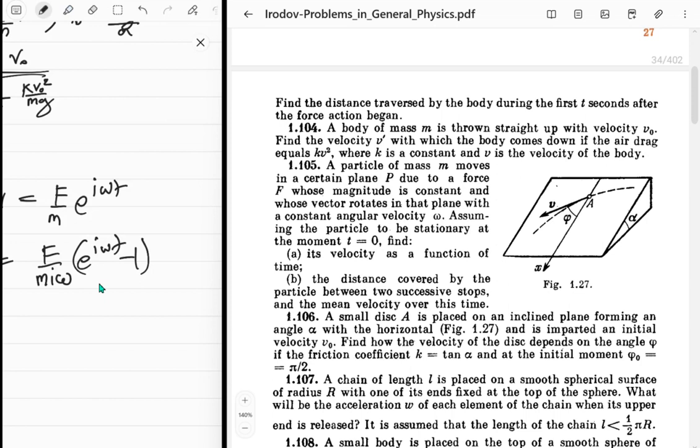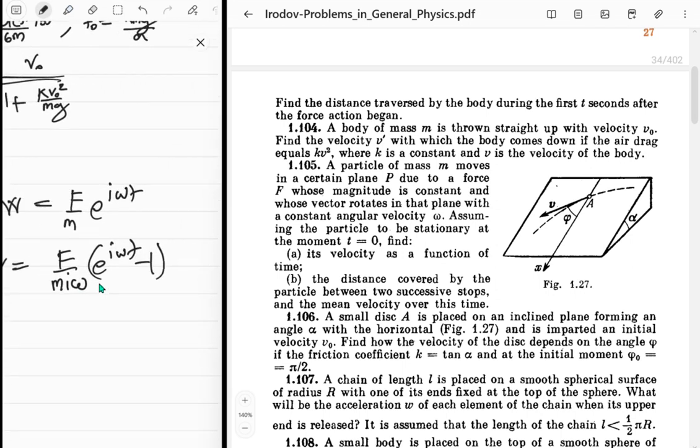Perfect. I guess that makes sense. Now you got the velocity. And just remember this thing actually represents two different things, like the x coordinate and y coordinate, but together. So what I'm really doing is F upon m omega, this is basically just negative iota, so this is like 1 minus e power i omega t times iota.